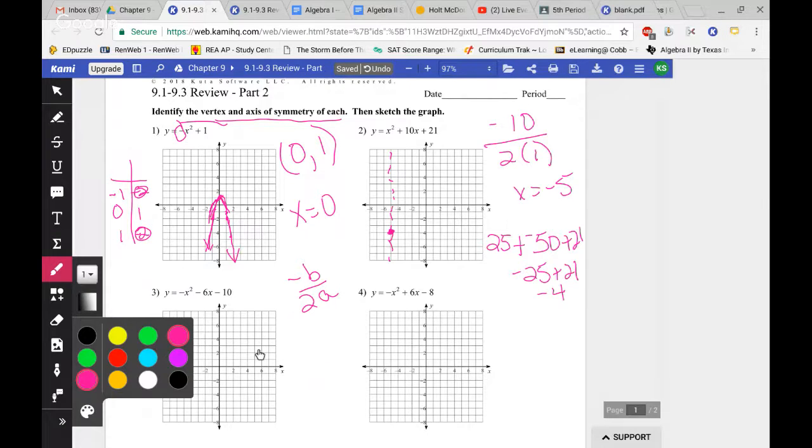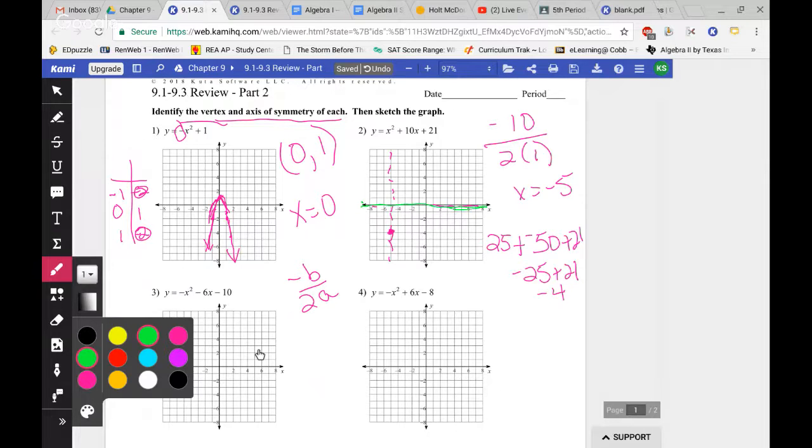And you can do this one of two ways. What I've been doing to kind of continue to give myself practice about the x-intercepts, and this will only work really when the vertex is below the x-axis. Does that make sense to you when I'm saying that? Yeah.